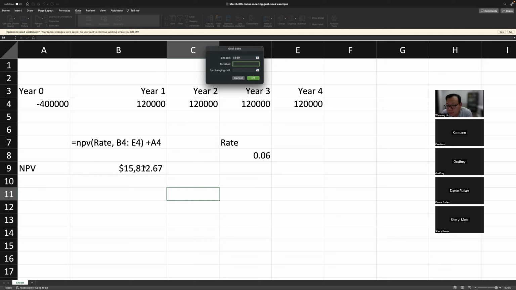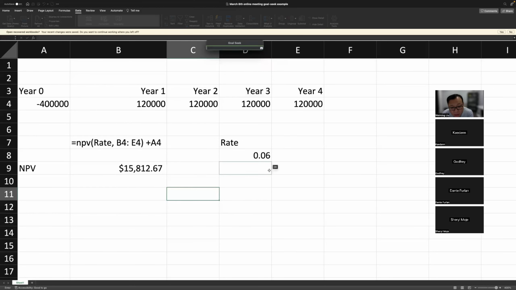This is the net present value, right? So what do you want this net present value to be? Did anyone say anything? Oh, 0. Yes, very good. So you set this up to be 0, and then you want to change which cell.